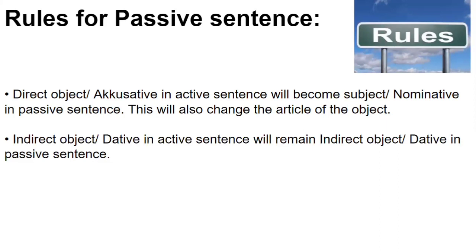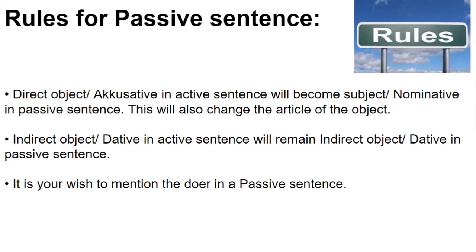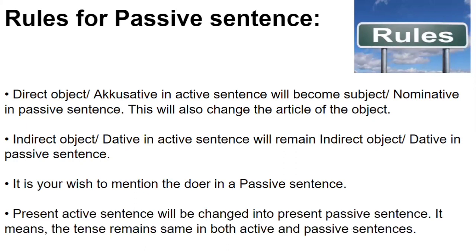Rule number 2, indirect object or dative in active sentence will remain indirect object or dative in passive sentence. It is your wish to mention the doer in a passive sentence. Present active sentence will be changed into present passive sentence. It means the tense remains same in both active and passive sentences.